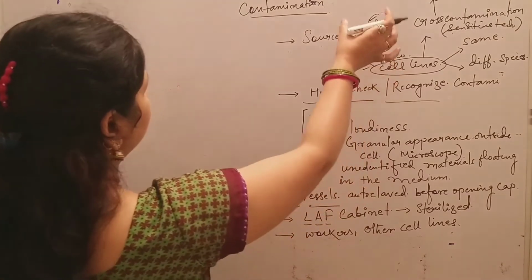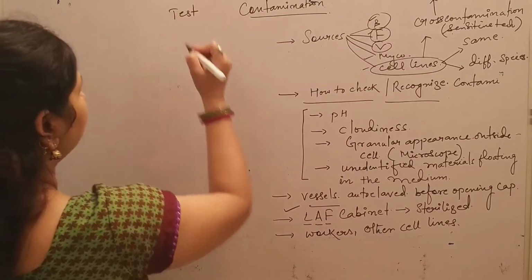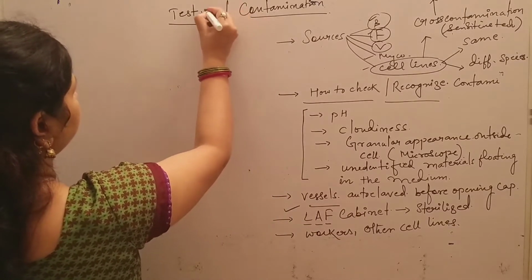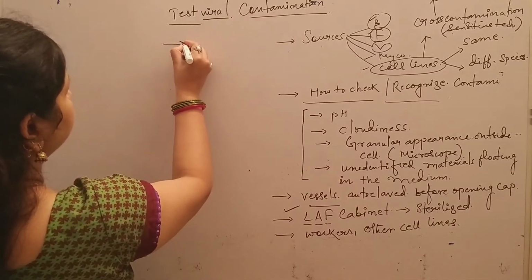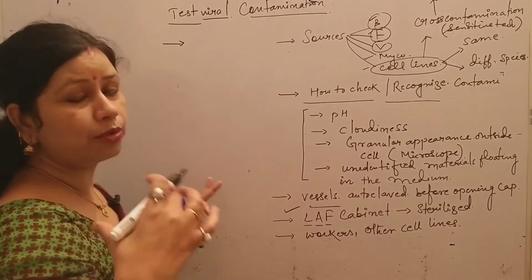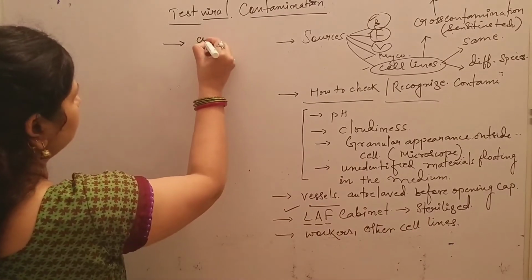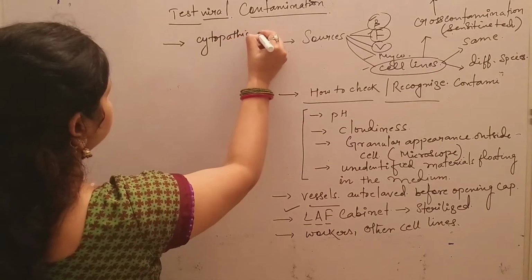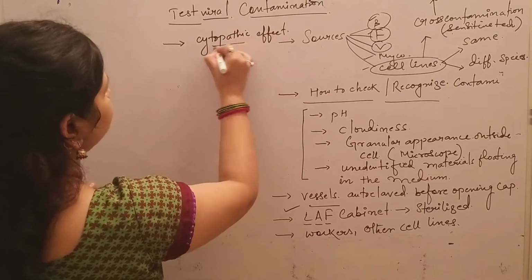So first of all, I am telling you how to test the viral contamination. For testing the viral contamination, we should observe the cytopathic effect on cells. And how can we observe the cytopathic effect?